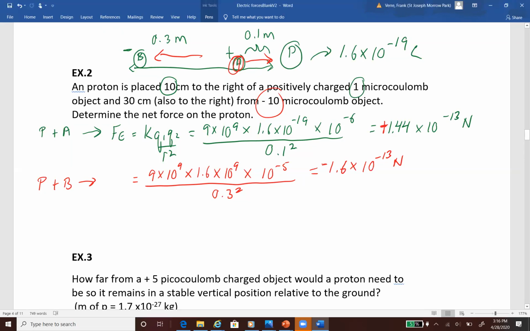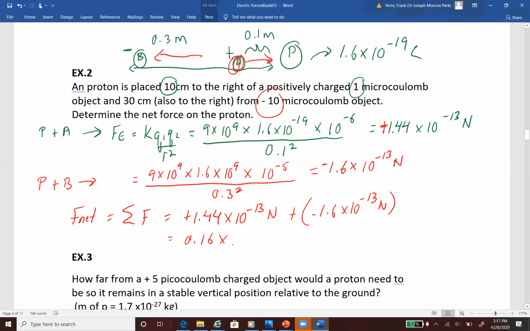Okay. So then the net force will simply be the sum of these two forces. So positive 1.44 times 10 to the negative 13, and negative 1.6 times 10 to the negative 13. That's going to add up to 0.16 times 10 to the minus 13.